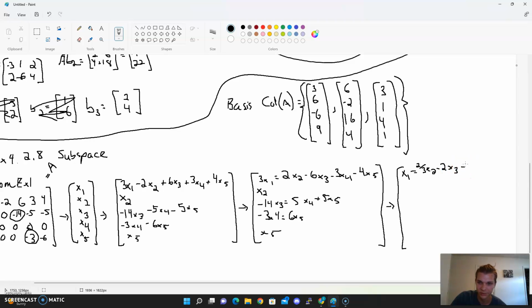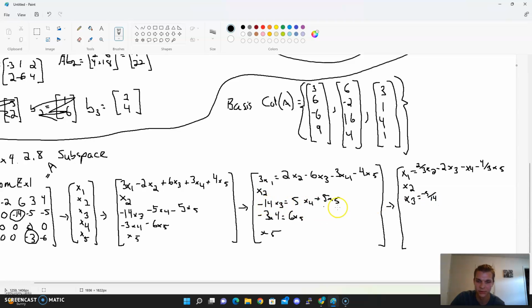And then minus 3 divided by 3 is minus x4. We can just erase the 1 and assume that it's there. And then minus 4 divided by 3 equals minus 4 over 3 x5.